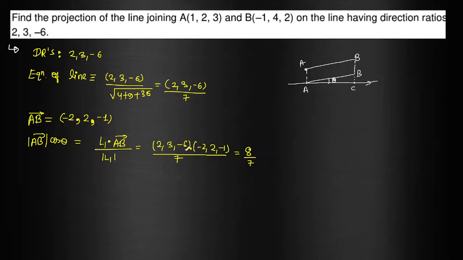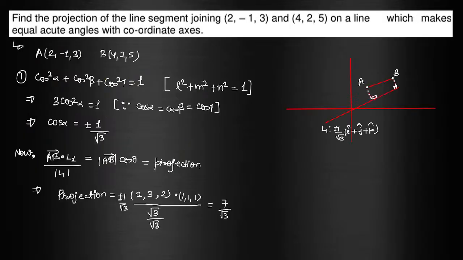AB vector is 2, 3, minus 6, and the direction cosines are 2, 3, minus 6 upon 7. So it is A dot B upon mod A, which is 8 by 7. L1 is the direction cosine of the line. This is a simple formula. If you have a doubt, ask me. Now the projection of this line on this line.